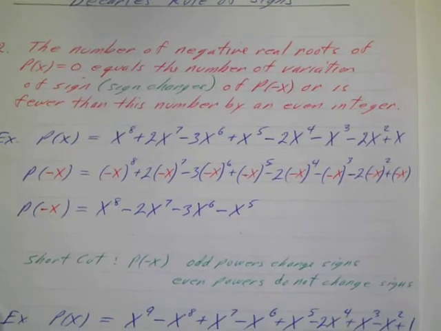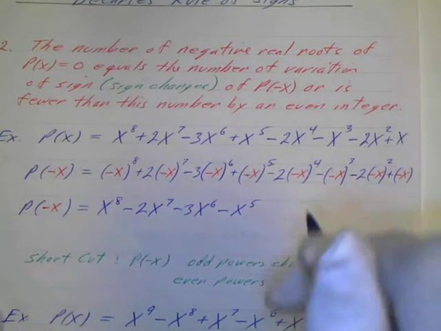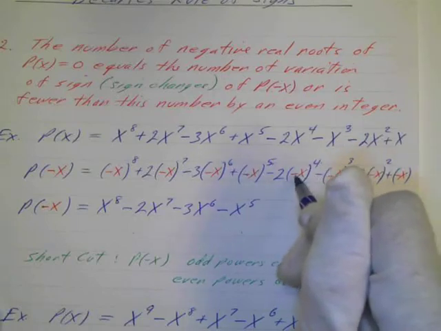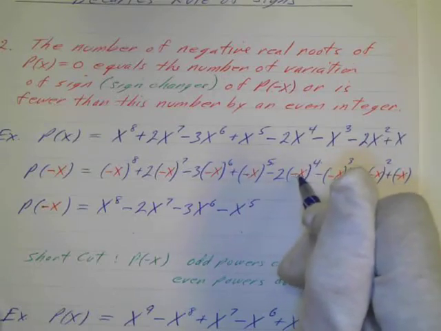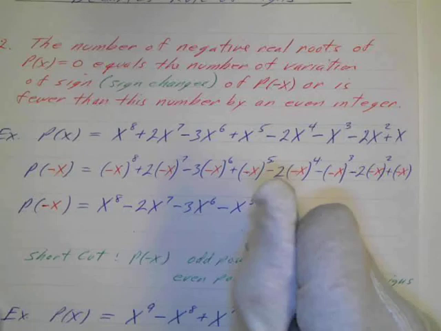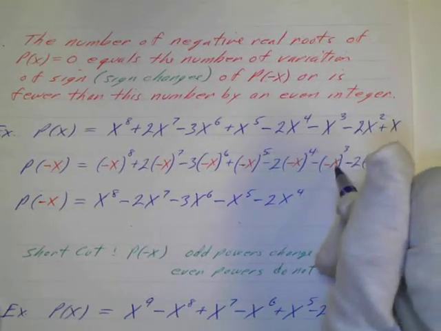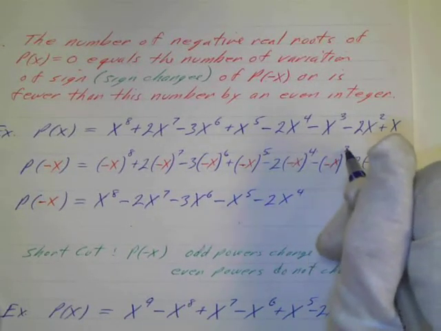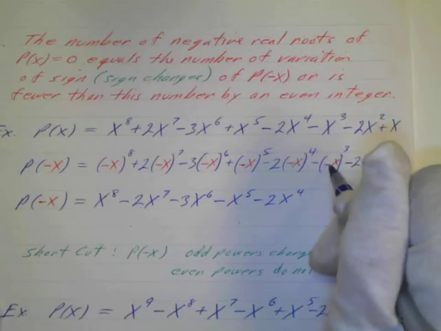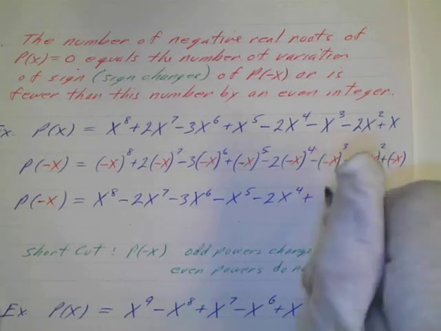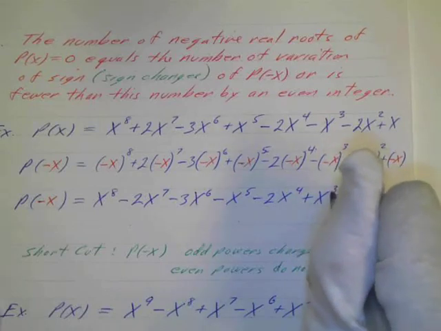And we'll see a pattern here, and that's going to lead to a little shortcut we can use. A negative to the 4th power is a positive, so this just becomes a positive x to the 4th times negative 2, which is just negative 2x to the 4th. And a negative to an odd power is a negative, and a negative times a negative is a positive, x to the 3rd.